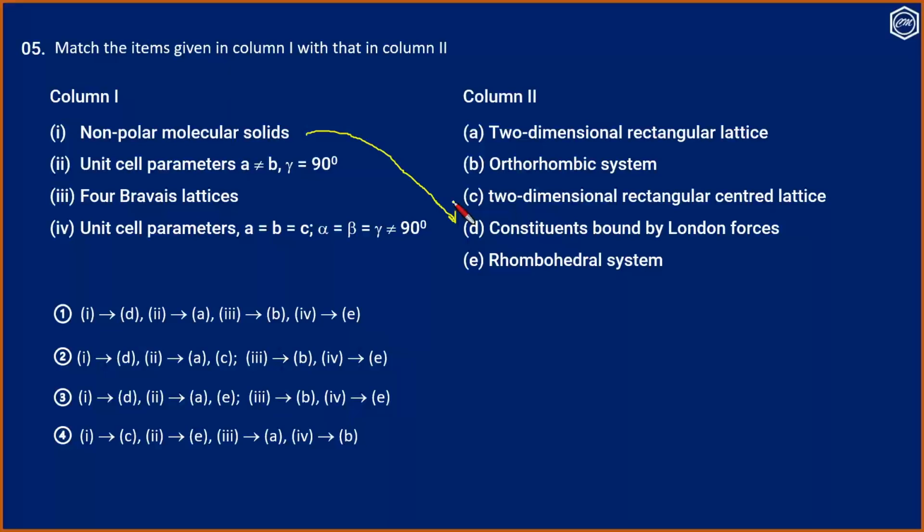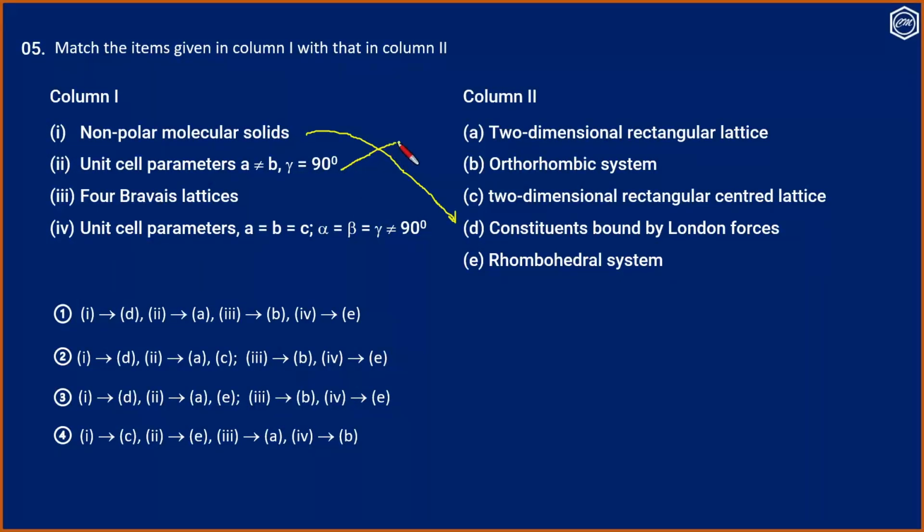Then unit cell parameters A not equal to B, gamma 90 degrees. And there are only 3 parameters, so this unit cell must be a 2-dimensional unit cell. So we can connect it to C, 2-dimensional rectangular centered unit cell, or 2-dimensional rectangular lattice. Both have the same parameters.